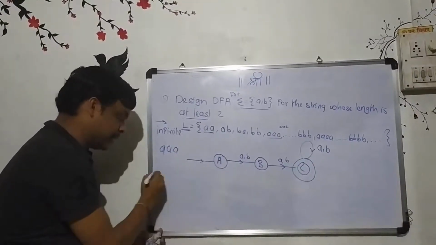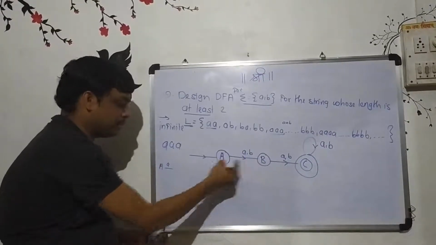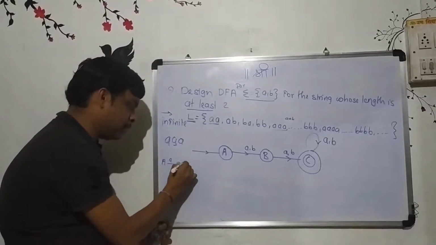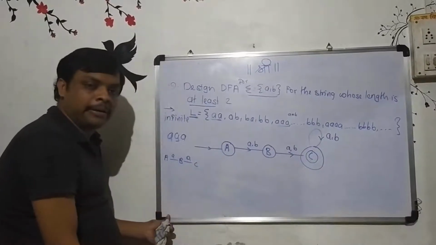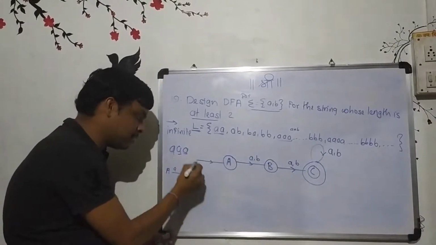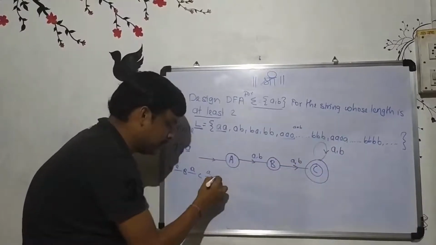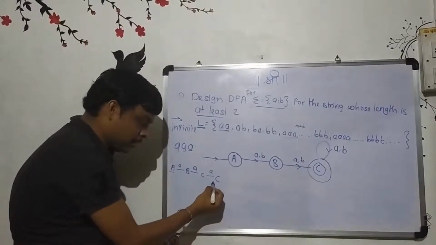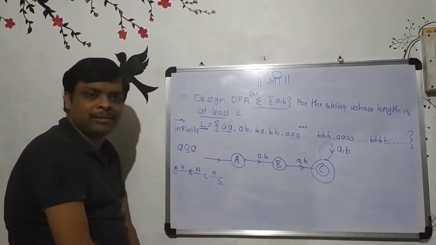Always we have to start with capital A. Whenever you are in capital A, observing small a, we are going to enter B. Then take the next A. Whenever you are in B, observing small a, you are going to enter C. Then take the next A. Whenever you are in C, observing A, you will be in C itself. We started with the initial state, and our last state is C, and C is final. So that's why AAA is accepted.